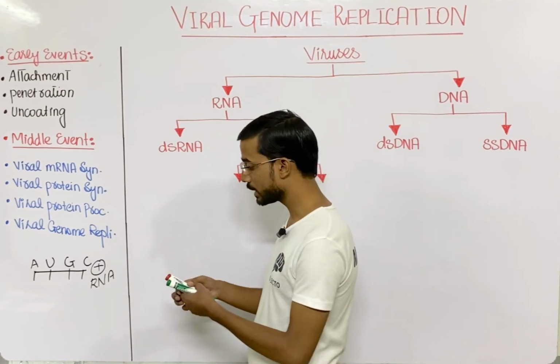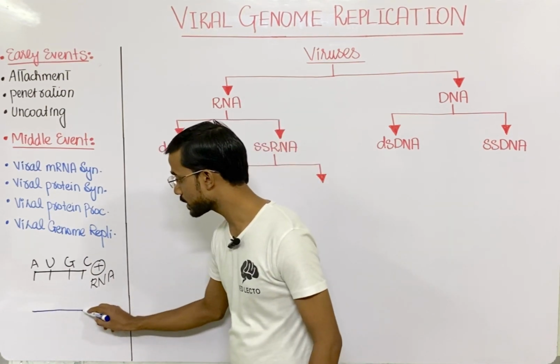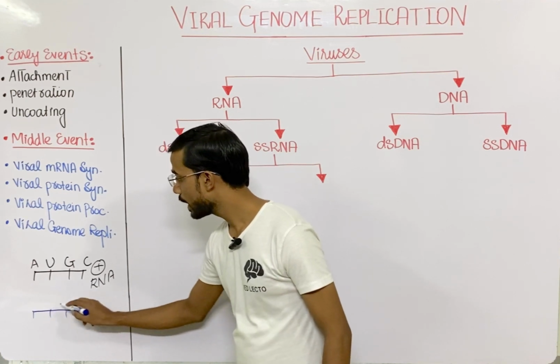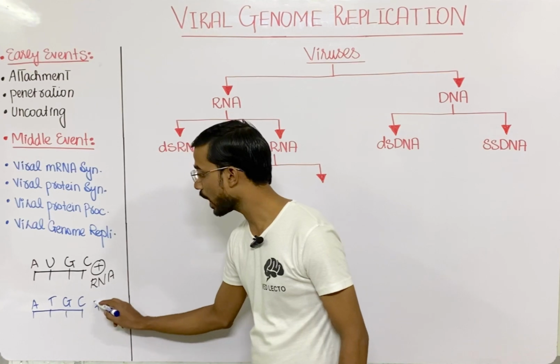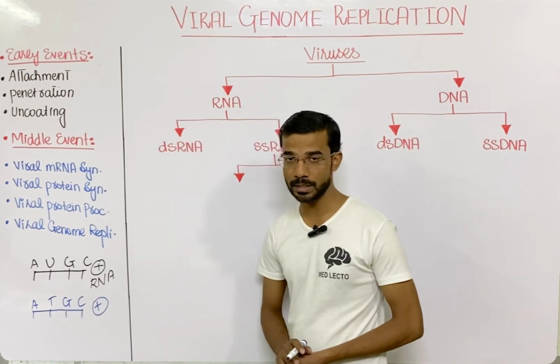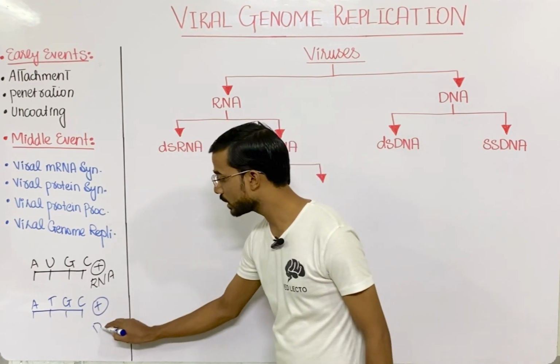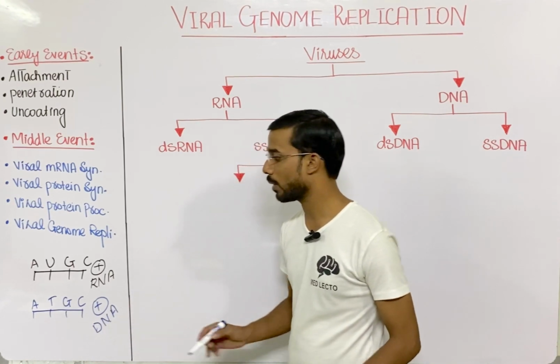On the other hand, if the sequence is present like ATGC, we also consider this positive polarity, but this is for DNA viruses.